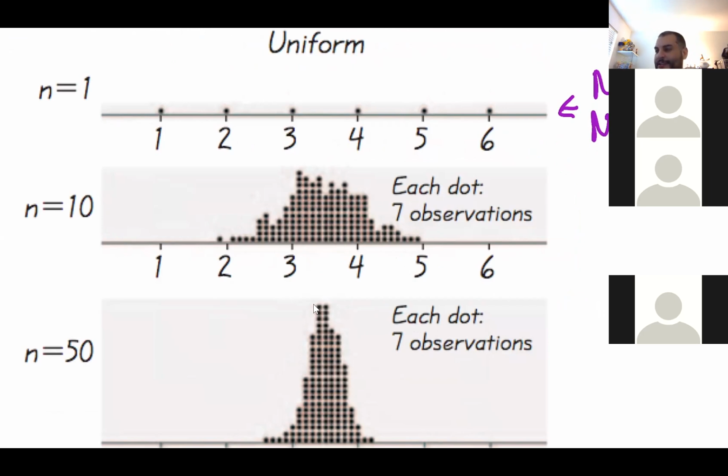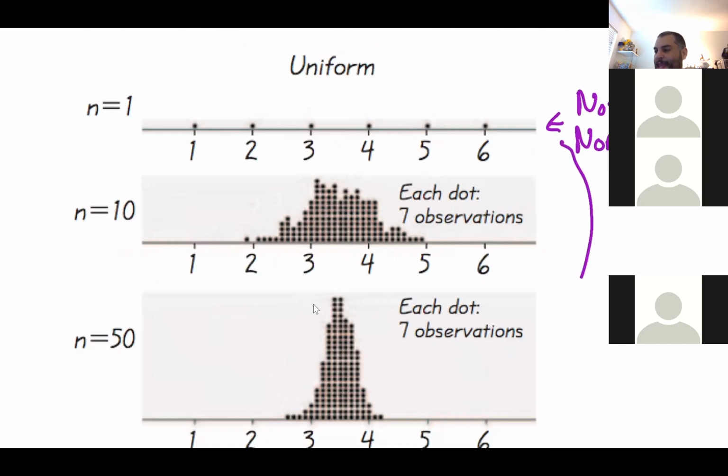If you look at the one at the end, it looks approximately normal, because we took a sample size big enough, which was 50. Even though it started off non-normal, we can say it's approximately normal because the sample size is bigger than 30, and 50 is bigger than 30.